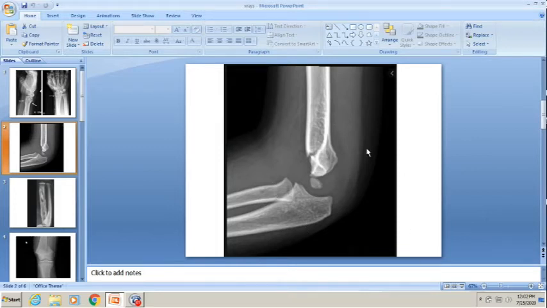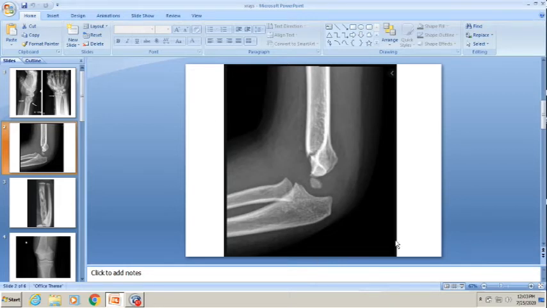Sir, it is formed by the medial epicondyle, lateral epicondyle and olecranon. So as the fracture is superior to it, this relationship is maintained in supracondylar fracture, whereas it is disturbed in elbow dislocation. Okay.